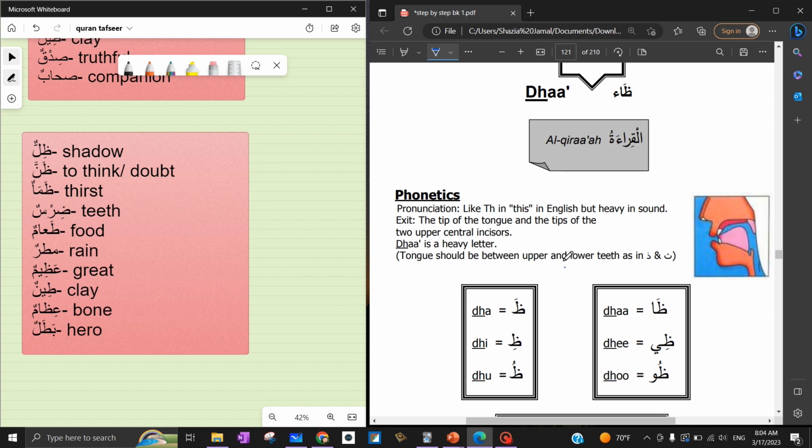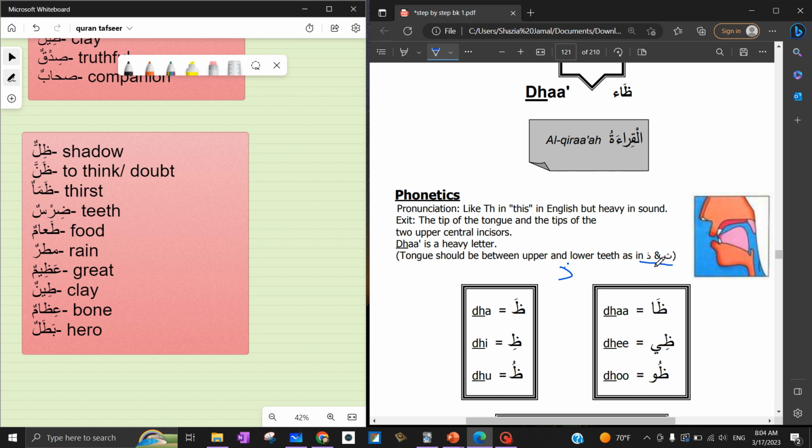Now in pronouncing this letter, do you remember the letter dal? The letter dal we did was a very light letter. Do you remember the articulation of dal and tha?